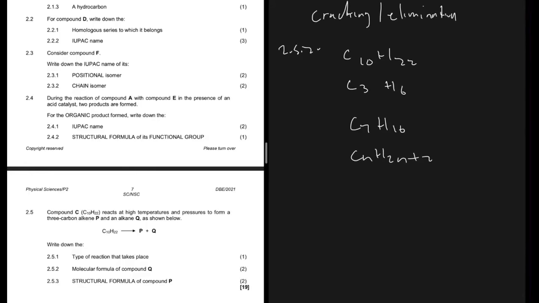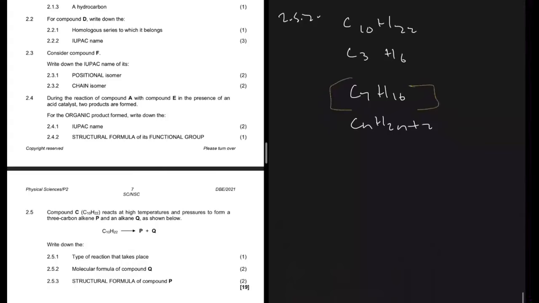We're left with 7 carbons, and then 22 hydrogens, and then we subtract 6 hydrogens. We're left with 16. So that is CnH2n+2. The question says we should write the molecular formula. So this is the molecular formula we're looking for.